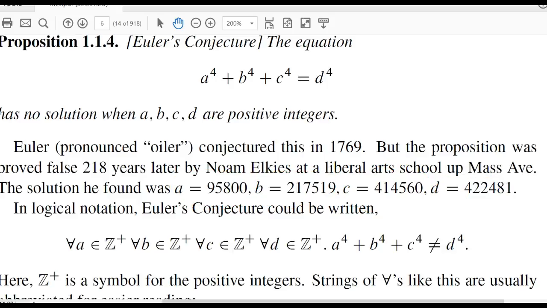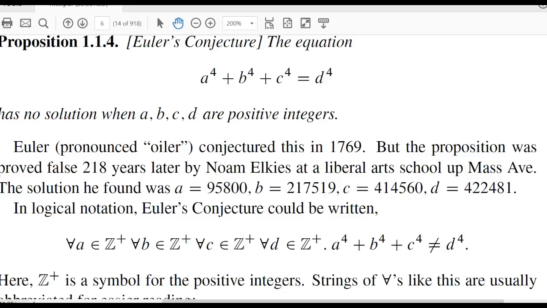When you plug in these values, basically it disproves Euler's conjecture. And this counterexample was given by Noam Elkies.